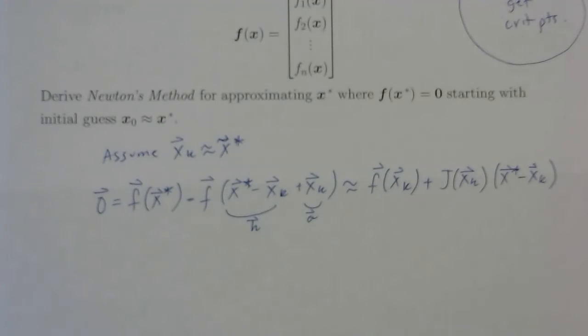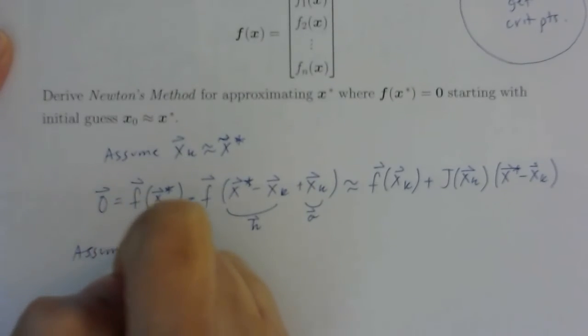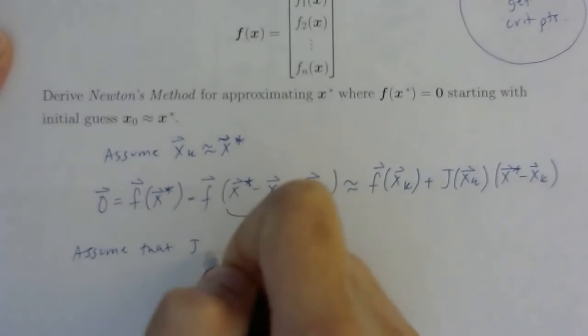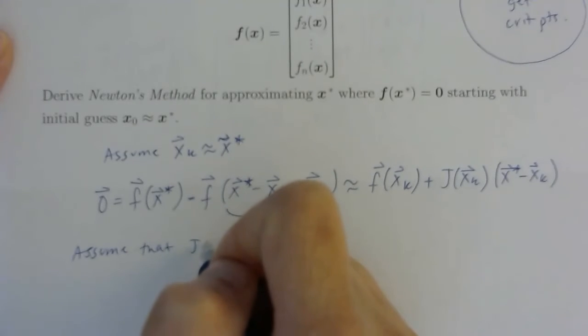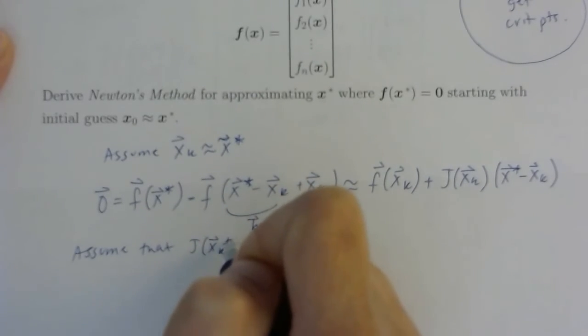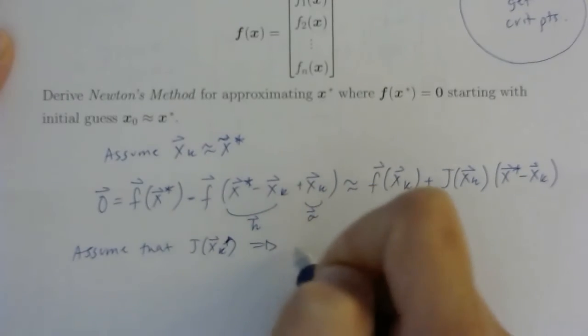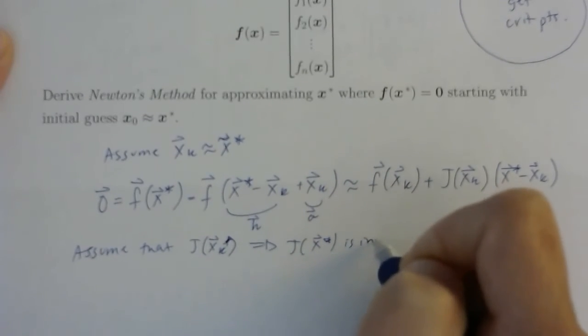So we need to know that J is invertible. Let's assume that J of xk implies that J of x star is invertible.